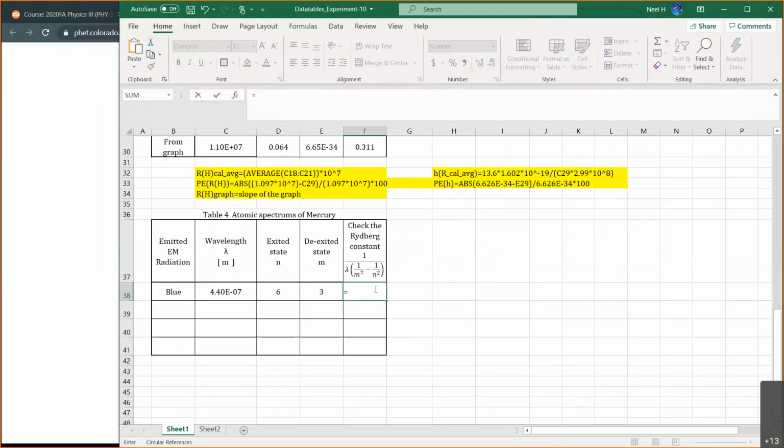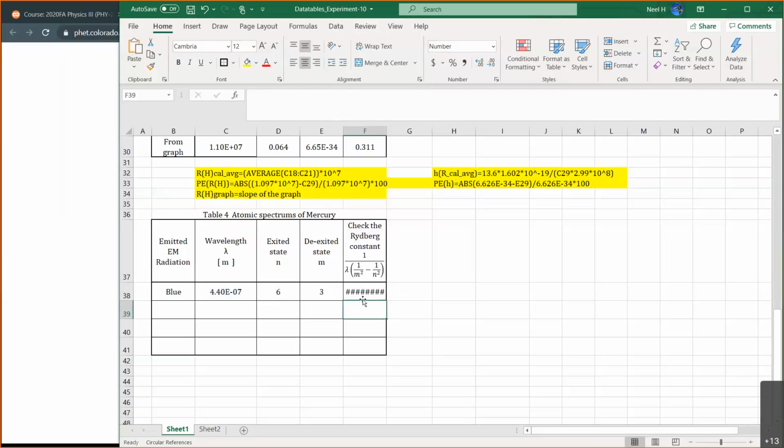It's going to be 1 over 1 divided by parentheses lambda, this number, multiplied by another parentheses 1 divided by m to the power 2, m is E38, close brackets minus another parentheses. I actually need one more parenthesis here: 1 divided by D38 to the power 2, close brackets twice, and then close brackets again for the third one.